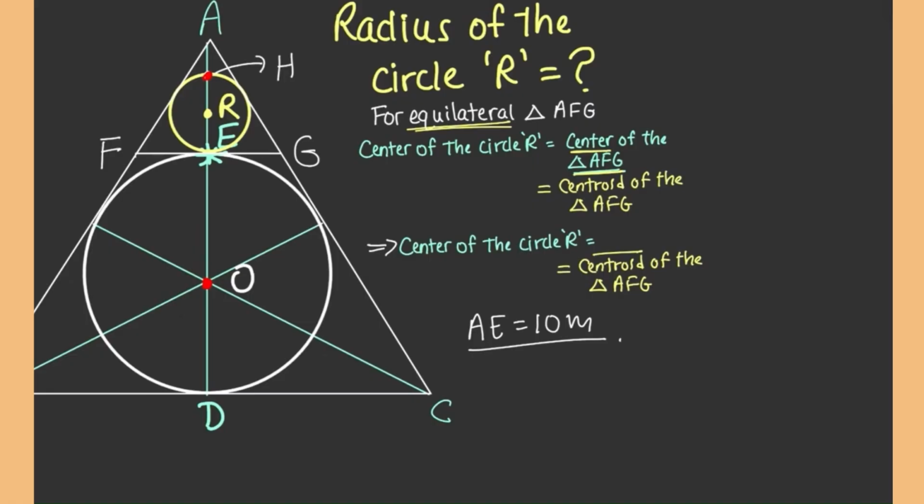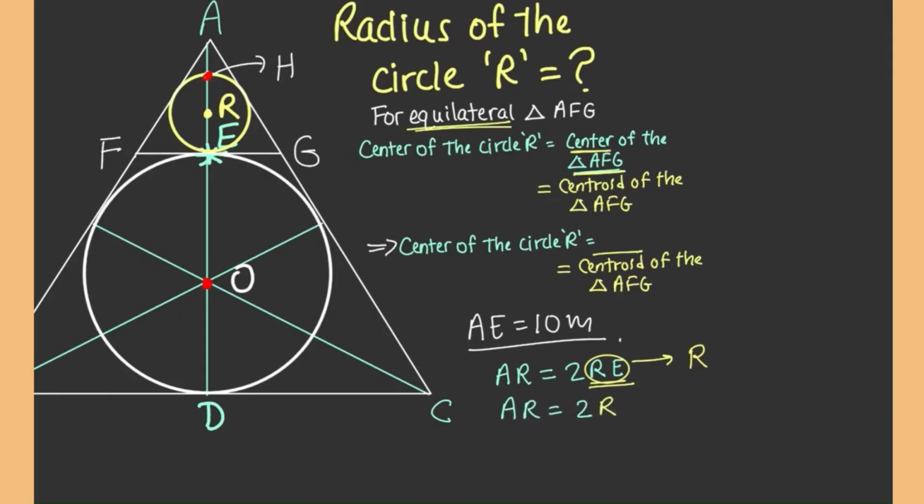Then the distance from the vertex A to the centroid R of triangle AFG: AR is equal to twice the distance from the centroid R to the midpoint of the opposite side, which is E. Now RE is equal to the radius of the circle R, so AR is equal to twice the radius, 2R.